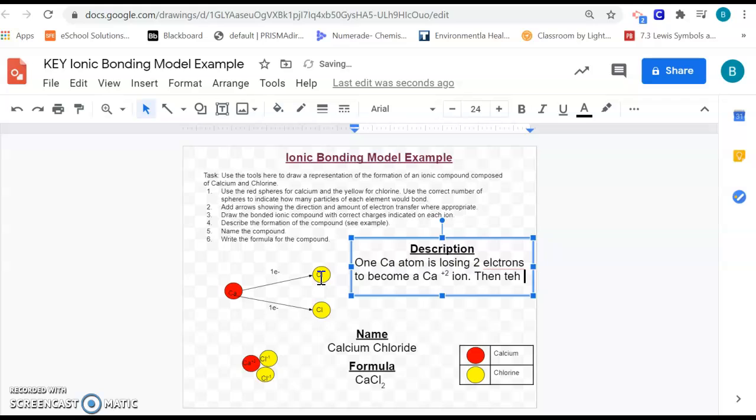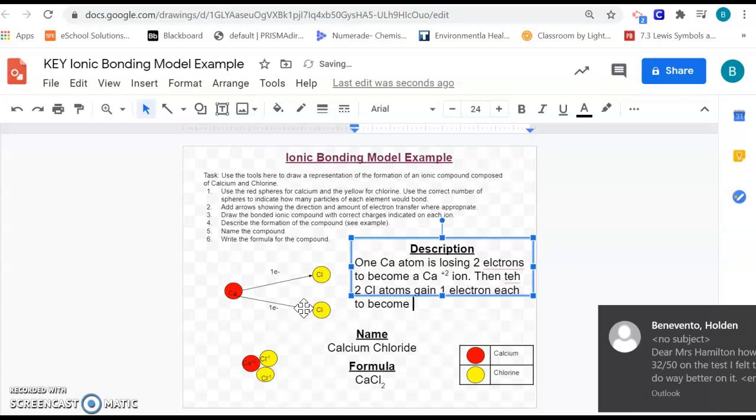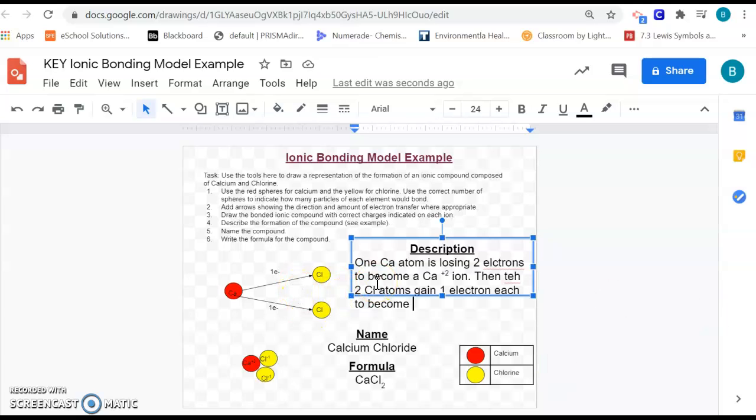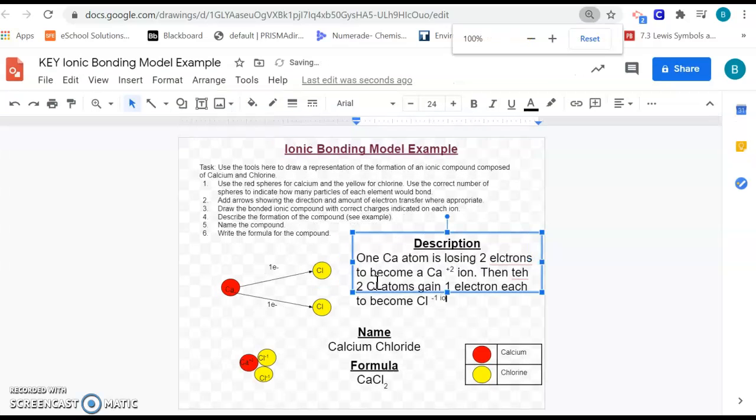Then the 2 chlorine atoms gain, that's where the arrows are coming in here, they're gaining 1 electron each to become Cl -1 ions.